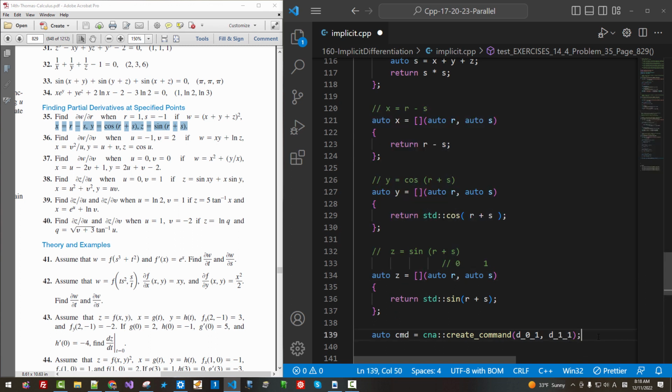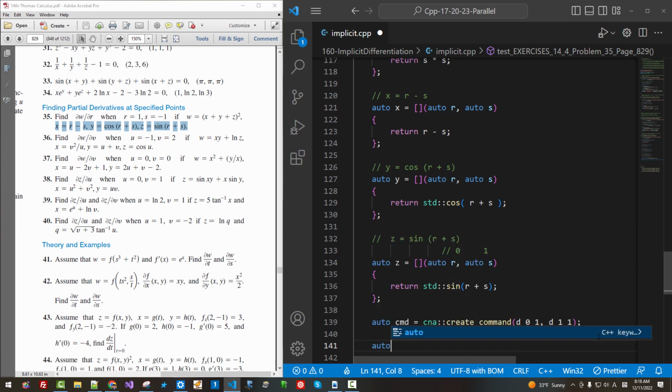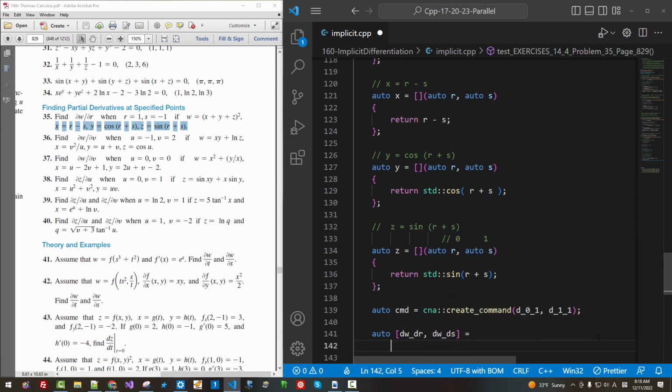With this command, we get dw/dr and dw/ds, a parametric derivative.